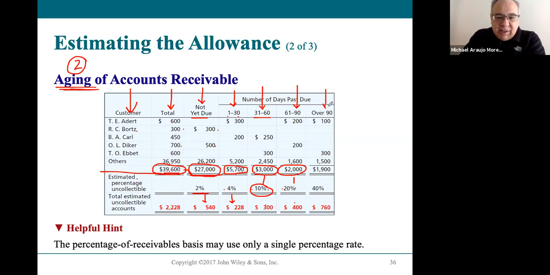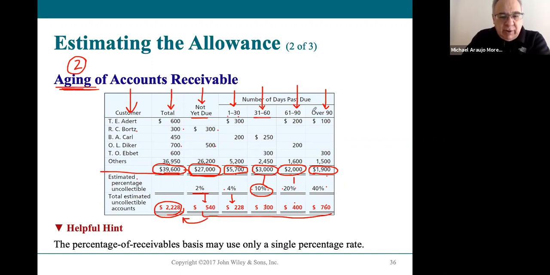And over 3 months late, I mean, I'm not sure what you're going to do. Thankfully, it's a small amount, about 1,900. Look at that, 40% of that they've estimated they're never going to see. When you add all these together, they come out to $2,228. Okay. So that's the total of all of their estimates based on the age, right?